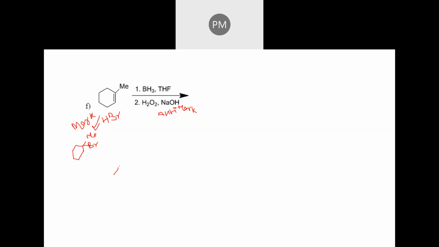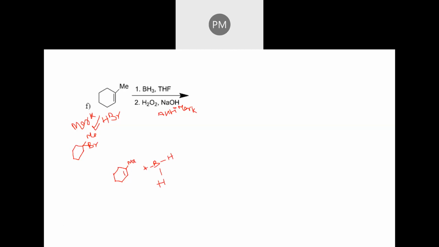If I show it like this, our reaction will be: this one is the methyl, here we have boron hydride, and the double bond.